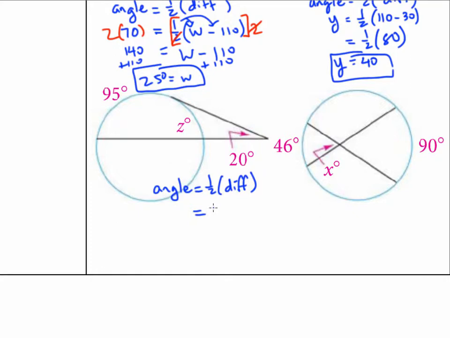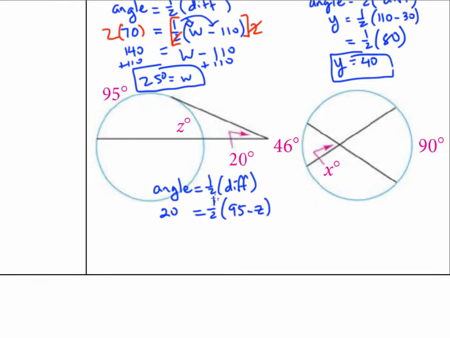The angle, it's not the variable this time, we know it's 20 degrees, equals half of the difference. So we subtract, again, the bigger one minus the smaller one. Bigger one, 95, minus the smaller one, z. We can distribute here, but then you'd have a fraction.